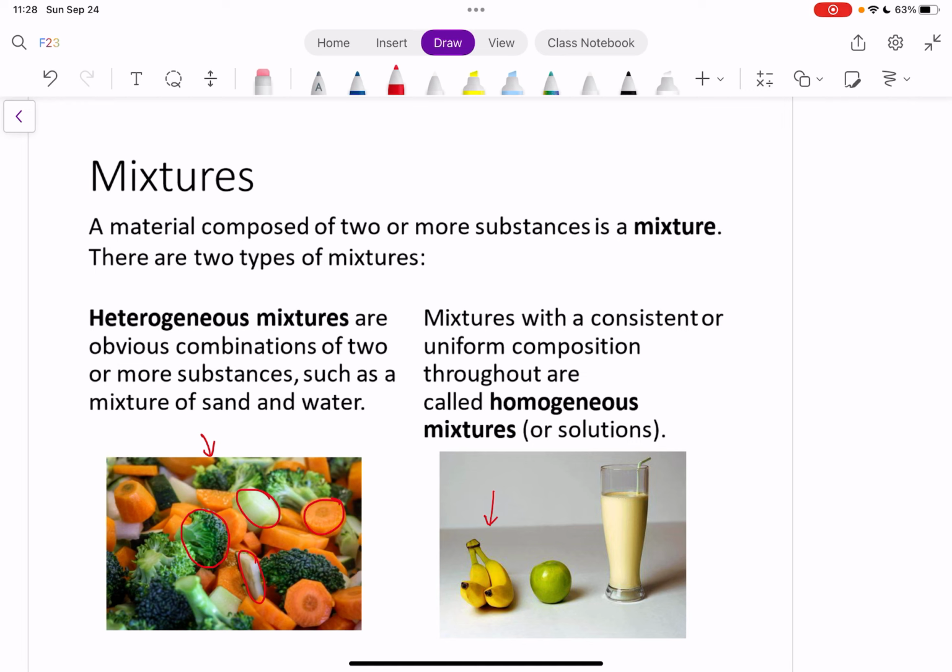And then we've got homogeneous mixtures, where I'm putting in a banana and an apple and making a banana apple smoothie. If you blend it long enough, you're not going to see the different parts of the mixture, right? You can't really pick apart where my banana is and where my apple is. So it's the same throughout, or uniform composition throughout. That makes it homogeneous. So I like to think of it as same and different.